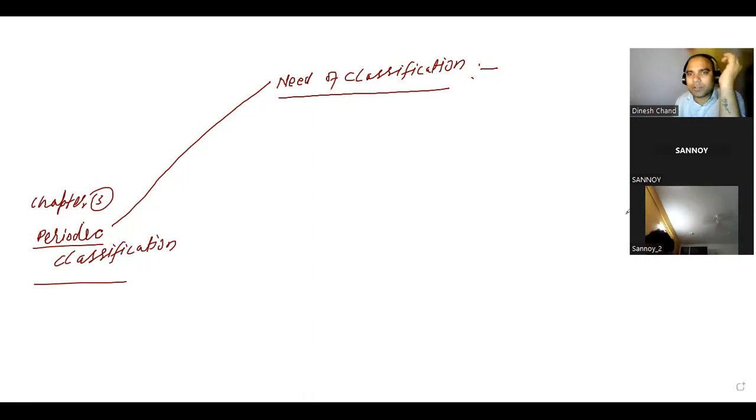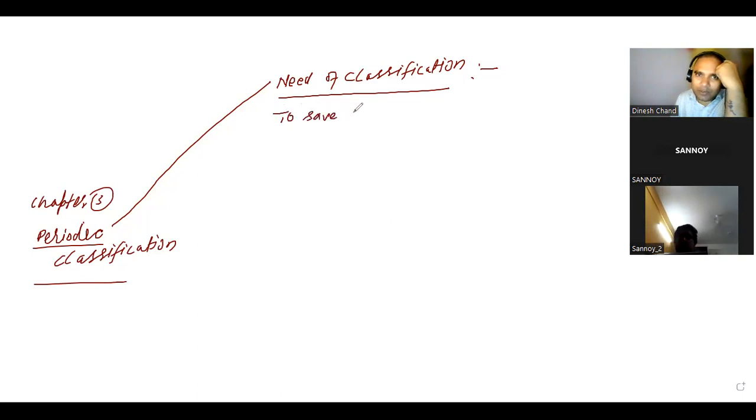Yeah, absolutely correct. If you can give examples, what example can we give? For example, we can use the noble gases. One noble gas is similar to the other ones in property. So we can save time.